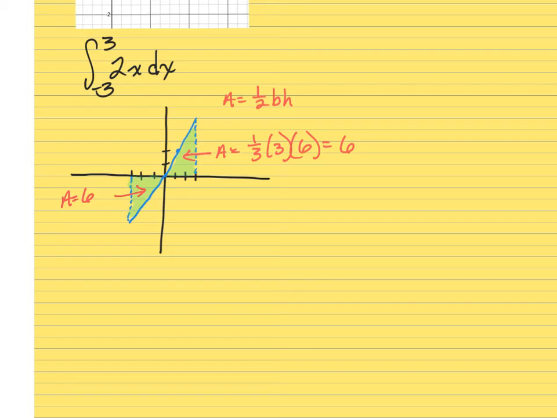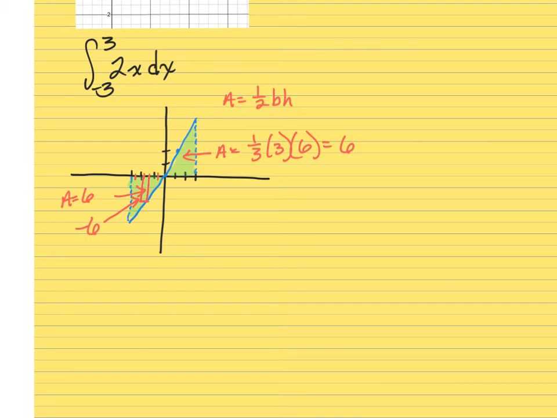But here's the deal. The integral actually sees this as a negative. It calculates it as a negative area. Part of the reason is because if we were covering this with rectangles, we would be plugging in different x values to find the height of the rectangle, and that height is going to be a negative value.